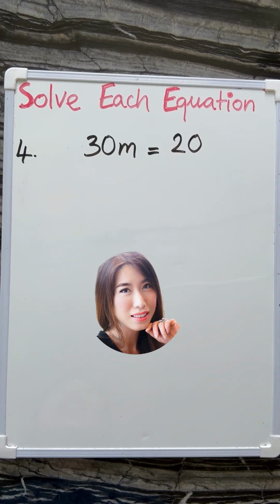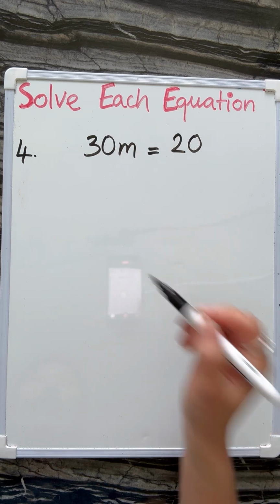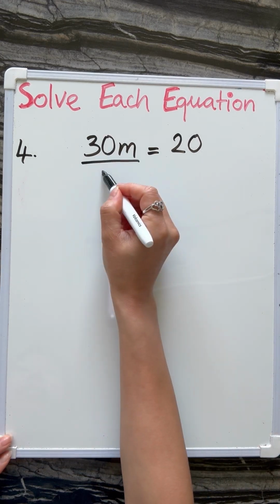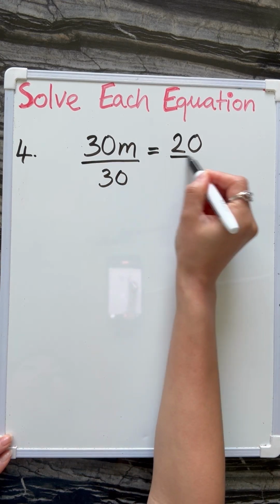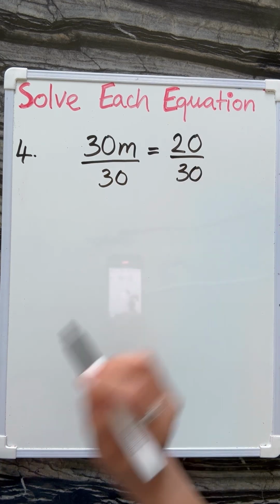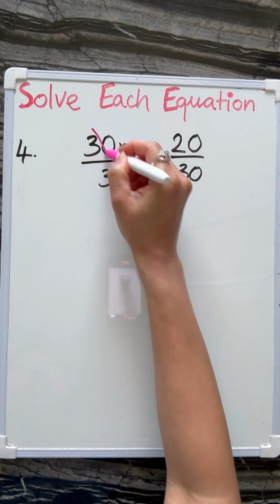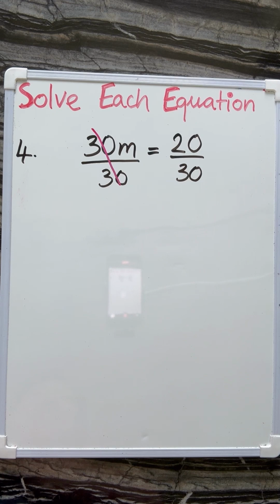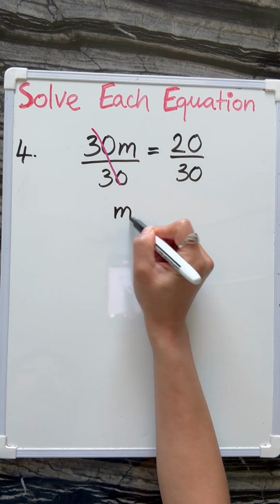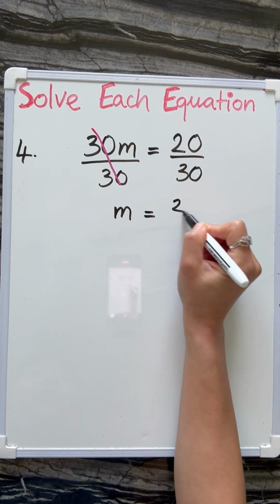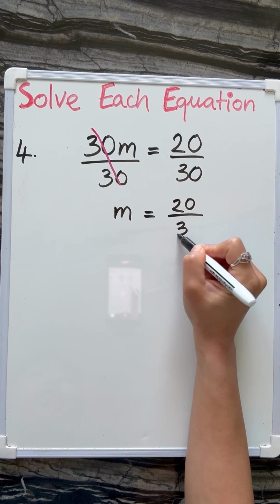Our last equation is 30 times m equals 20. We also want to solve for m, so divide both sides by 30. Since 30 divided by 30 equals 1, we have m on this side equals 20 over 30.